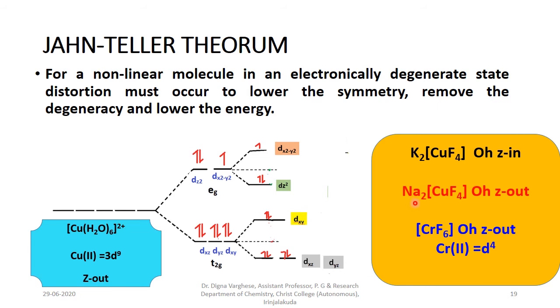The similar complex is Na2CuF4. This is an octahedral system, but it is elongated. Tetragonal elongation occurs. In the case of the potassium tetrafluorocuprate complex, axial compression occurs, compressed distortion occurs.